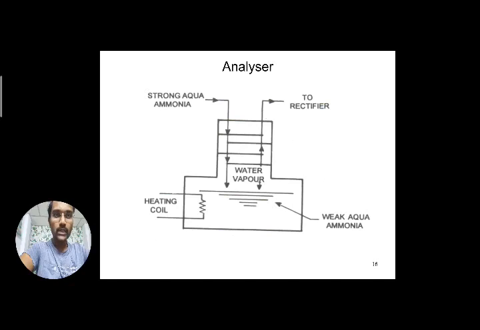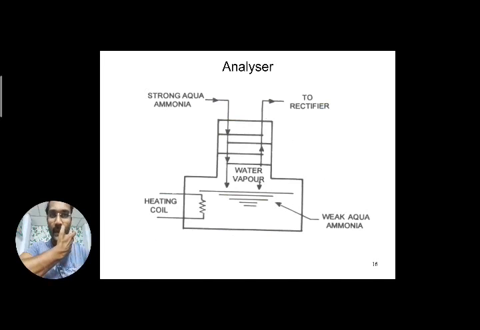A vertical column is provided on the top, and you can see it is a plate type of structure, with baffle plates. A side by side arrangement is placed, and alternate arrangements of plates can be placed here. On the right side you can see there is a connection to a rectifier. The ammonia vapor will move to the rectifier, and on the left side the strong aqua ammonia solution coming from the absorber component enters the generator.